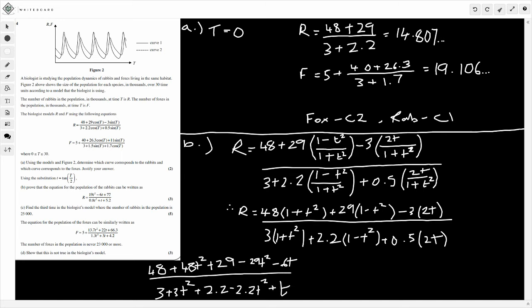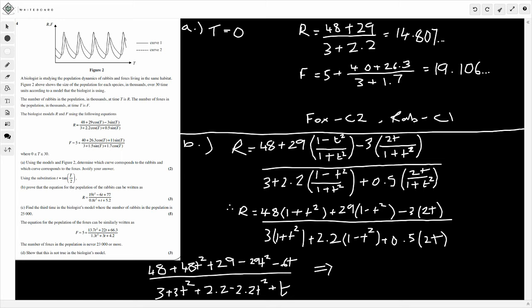And then when we simplify this, this is where we're going to get the expression we're required to get. If you do 48t squared minus 29t squared, you get 19t squared. If you do 48 plus 29, we get 77. It will simplify perfectly.